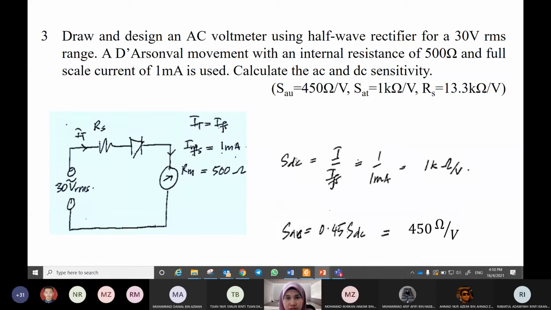So let's find SDC. SDC is equal to 1 over current. Okay, 1 over 1 milli equal to 1 kilo ohm per volt. SAC is equal to 0.45 SDC because of half wave rectification. So 0.45 multiplied with 1K, we get 450 ohm per volt. Any question?